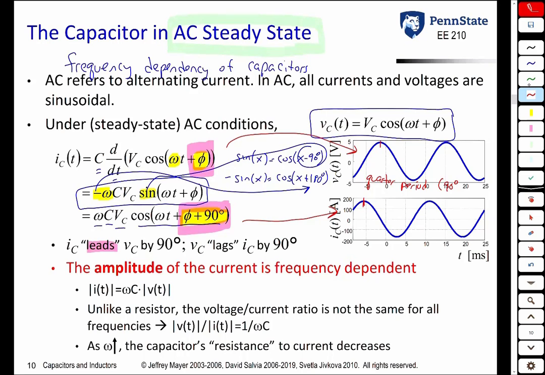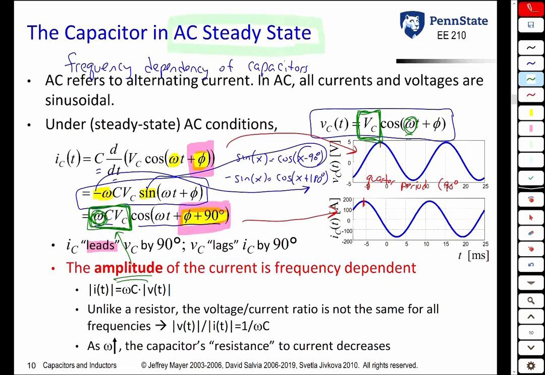What's more interesting is the second aspect of the relationship between the voltage and the current. Notice that the voltage magnitude is VC. Regardless of your frequency omega, the voltage is VC. The current magnitude, though, is omega times C times VC, which means the amplitude of the current depends, among other things, on the frequency of the voltage.